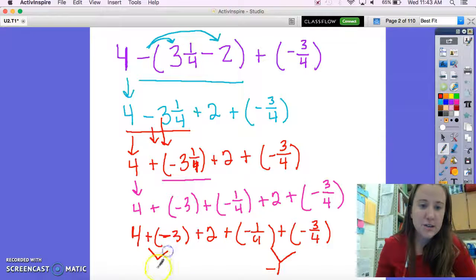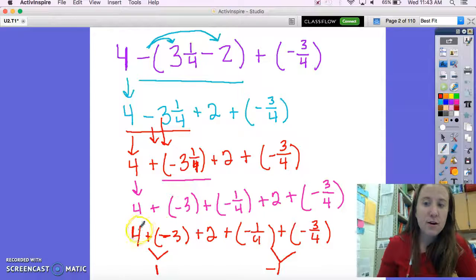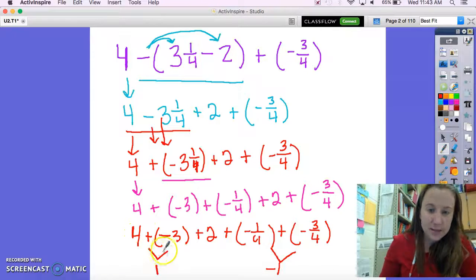So 4 minus 3 is 1. And then I need to look at, well, which one of those numbers is further from 0? And that's how I determine the sign. So between 4 and -3, the 4 is further away from 0 on a number line. It's 4 spaces away. The -3 is only 3 spaces away. So 4 is further from 0. 4 is positive, so my answer is positive.